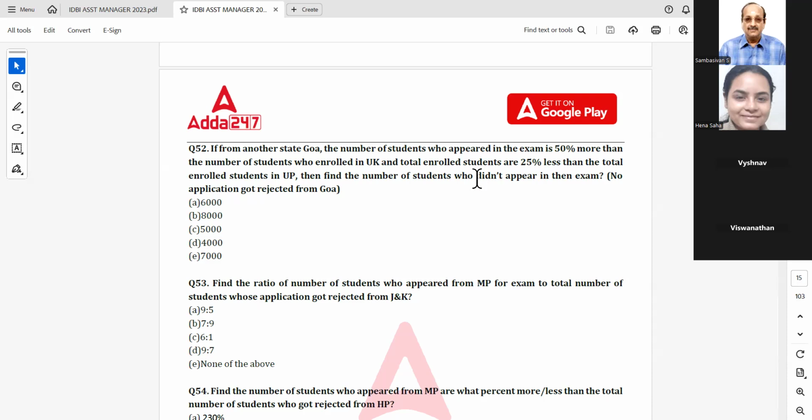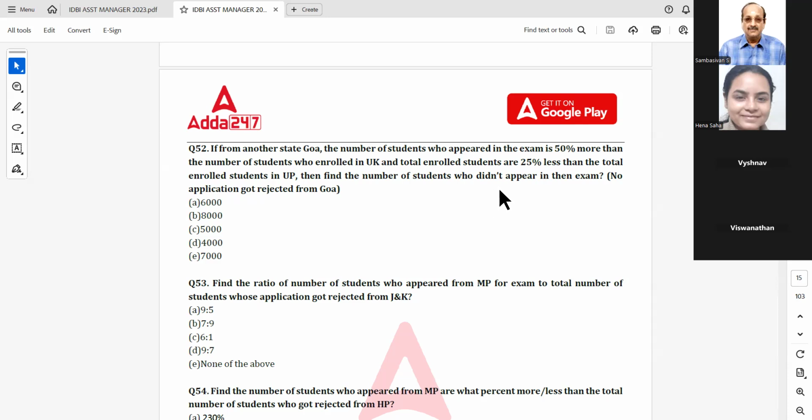Even here I did some mistake. Number of students enrolled was further divided into male and female. I took the male figure, that is wrong. Number of students enrolled is 17,000.